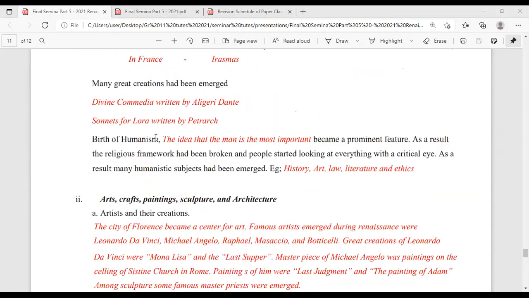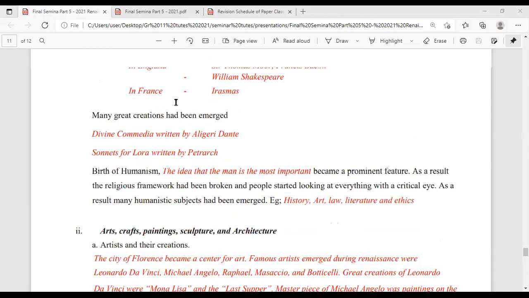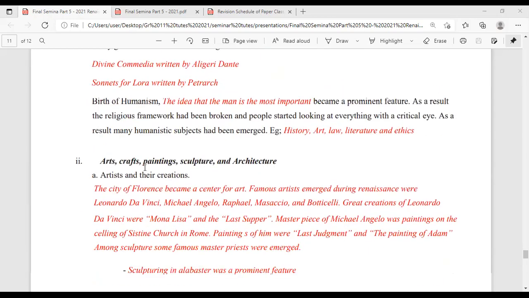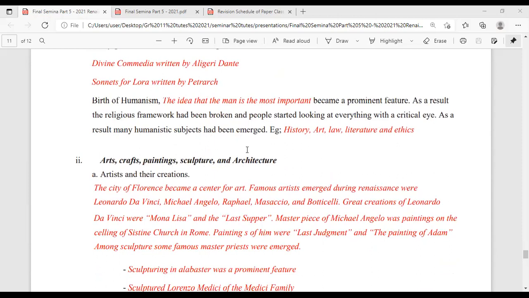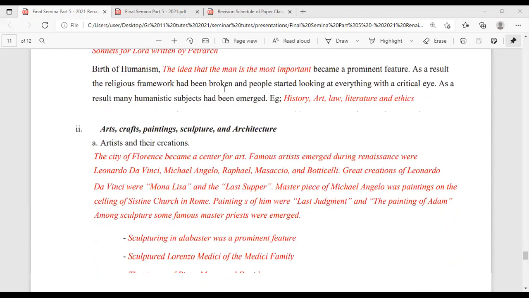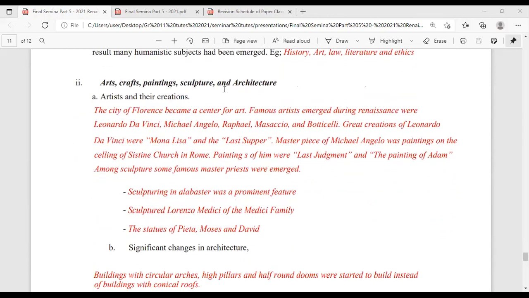But remember, you can write even under political results also, like nation states, but I will introduce such a question later on. For the moment we just write about the academic Renaissance and art, craft, painting, sculpture and architecture. This is the stuff that we are going to do today.